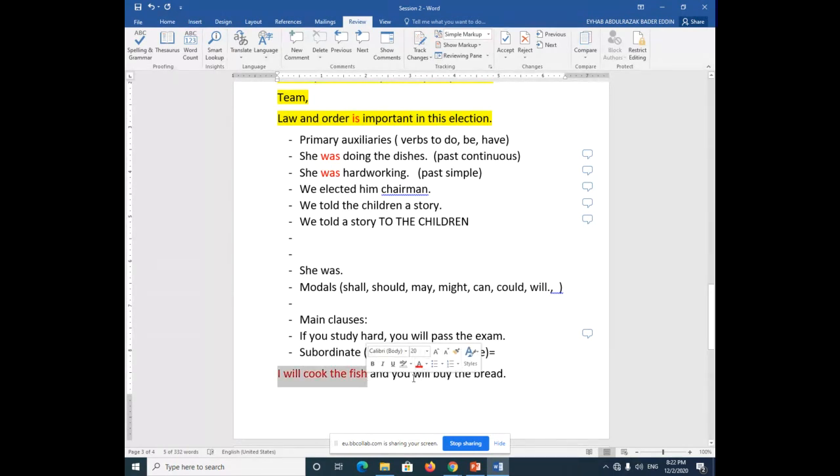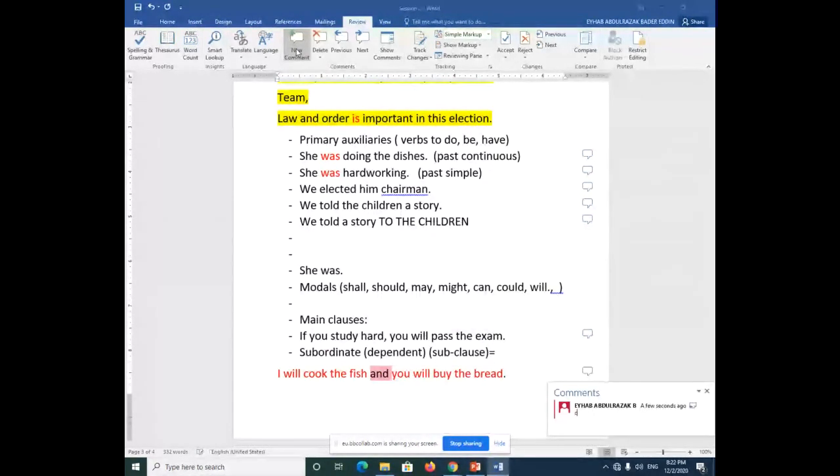This is main clause number one, and this is main clause number two, right? And this is what we call a coordinating conjunction. It is used to conjoin the sentences together. Some books call it a marker of linkage, and some books also call it coordinators. Okay, clear?